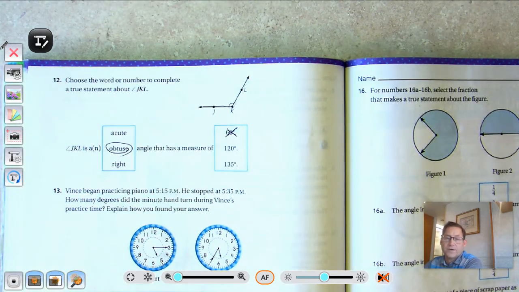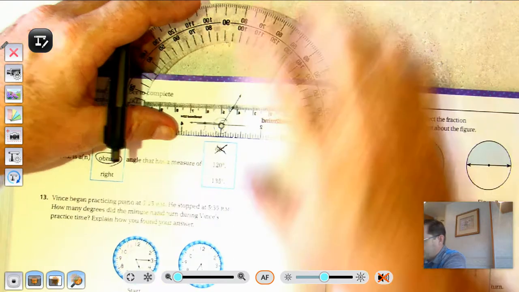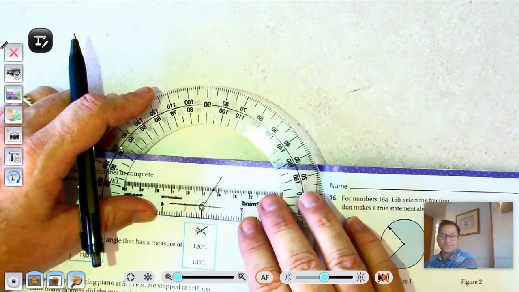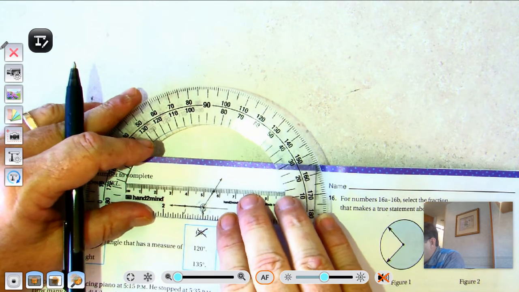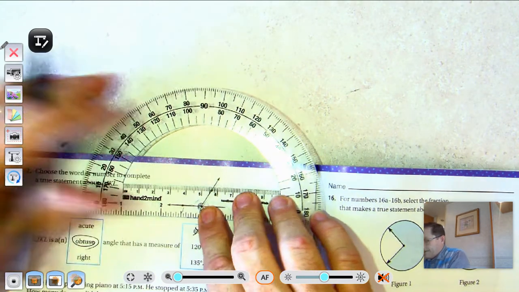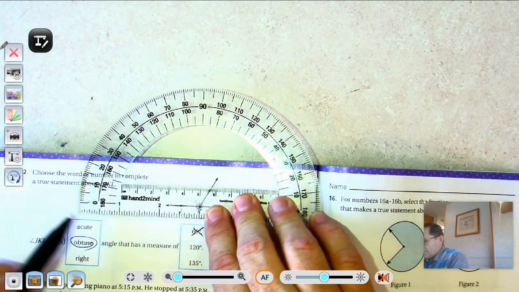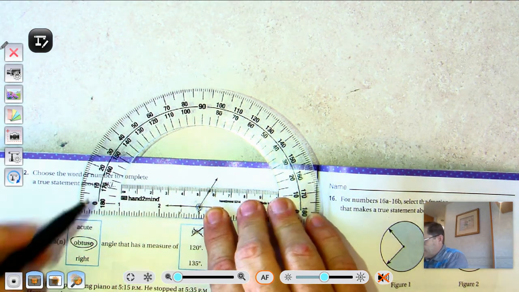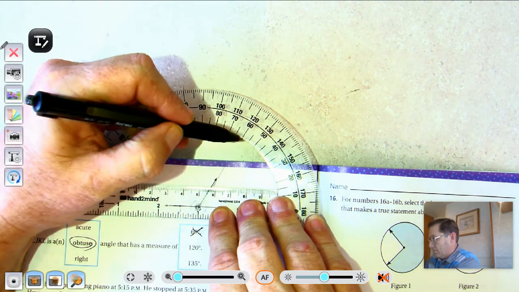It's got to be 120 or 135. So line it up with 0. Make sure you're reading on the correct side. Okay, this is my 0 side. The ray is pointing that way. So there's 0 right there. And it's going to cross at 120.